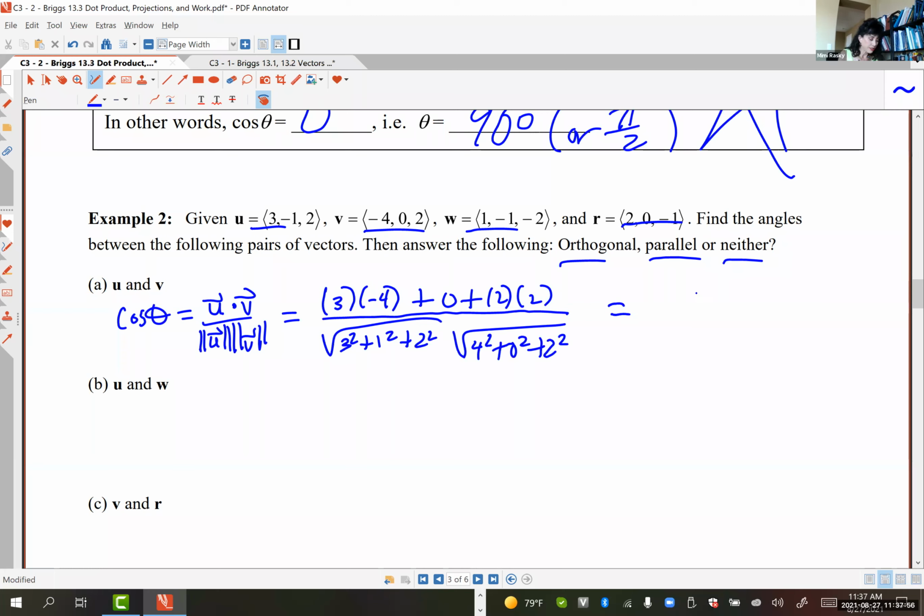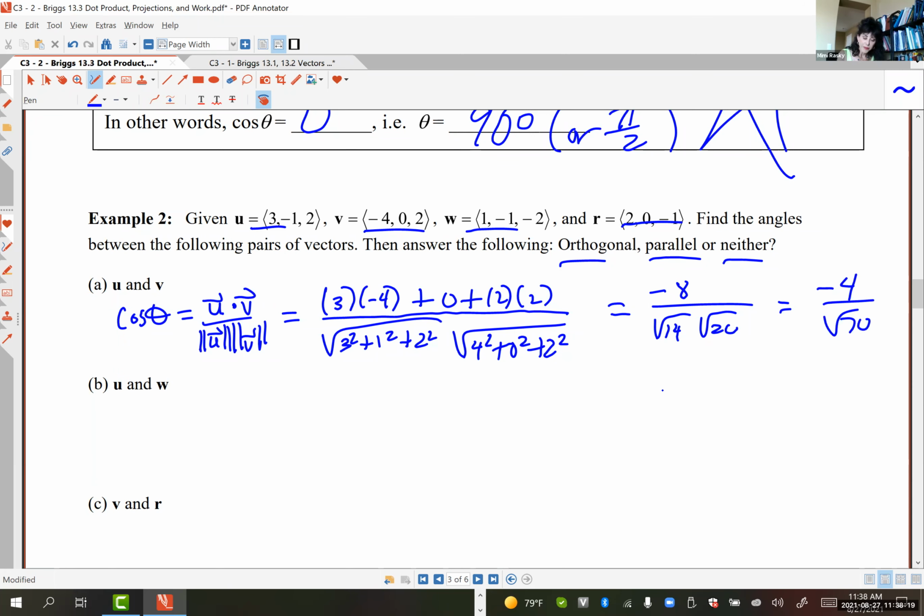This looks like -8 all over square root of 14 times square root of 20. You can clean this up a little bit if you want, although you don't have to. If you reduce this to lowest terms, I get -4 over square root of 70.